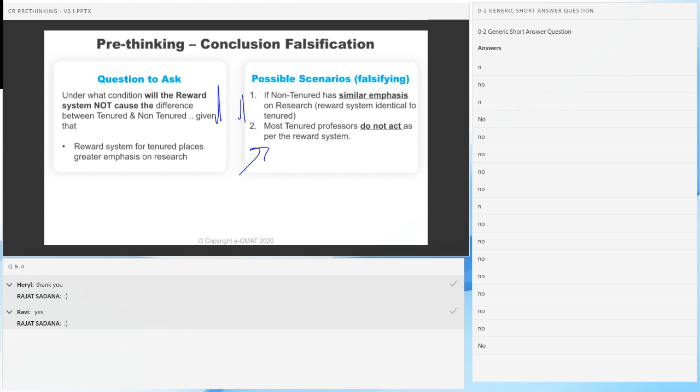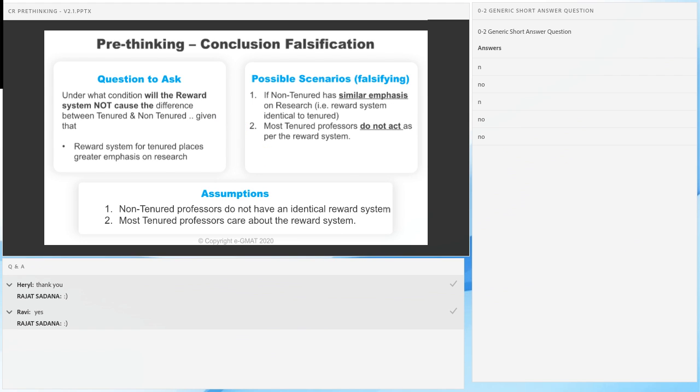Or if it so happens that most tenured faculty does not act as per the reward system, if they don't care about the reward system, if how they go about teaching has little to do with the reward system, then in that case, can you blame the reward system? No. So if these are the cases in which my conclusion breaks down, my assumptions are that non-tenured faculty should not have an identical reward system, or most tenured faculty should care about the reward system. Does that make sense?